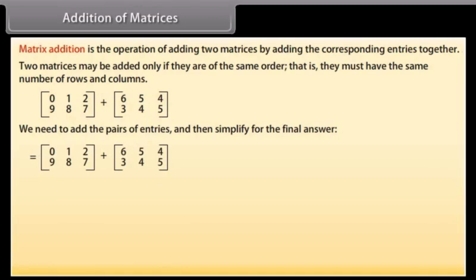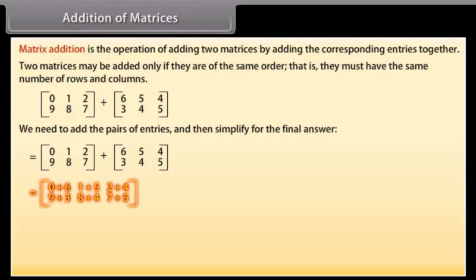Row-wise, first row 0, 1, 2. Second row 9, 8, 7. Plus row-wise, first row 6, 5, 4. Second row 3, 4, 5. Row-wise, first row 0 plus 6, 1 plus 5, 2 plus 4.